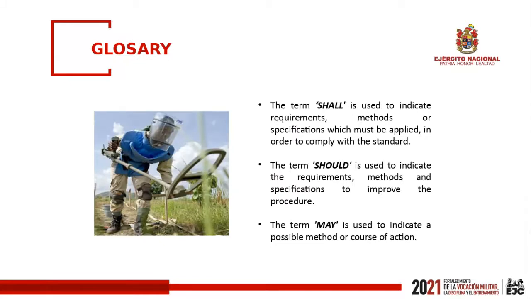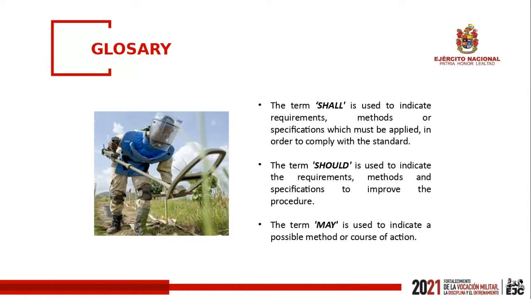So first we have here 3 terms. It's the glossary. This glossary of the terms has some definitions that are approved in the operational procedure that was the base of this class, that you can find in the General National Glossary of the terms of comprehensive action against the anti-personnel mines.